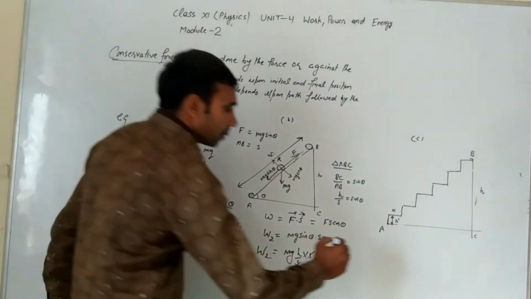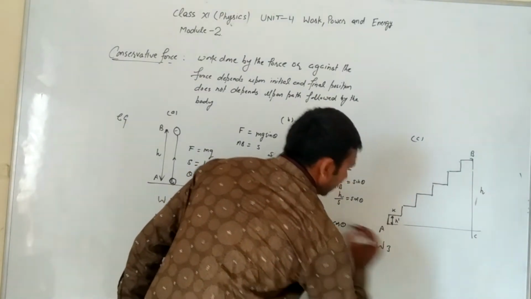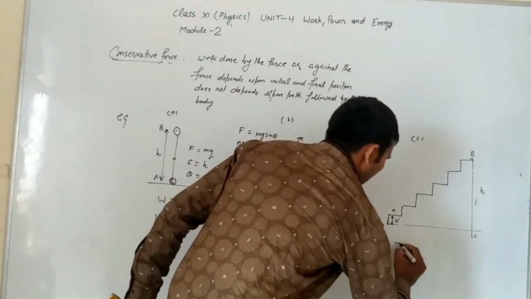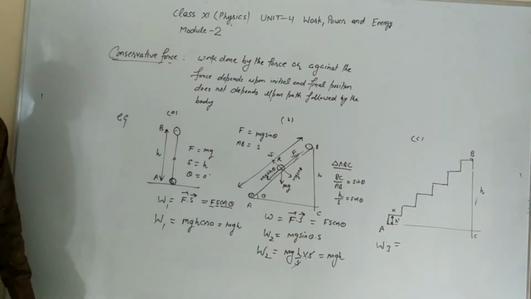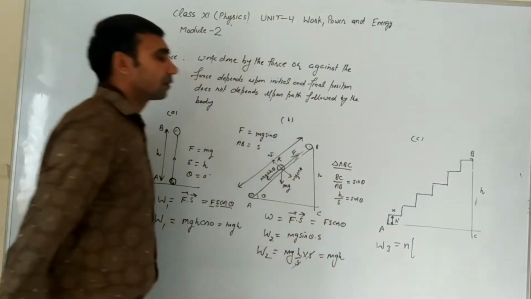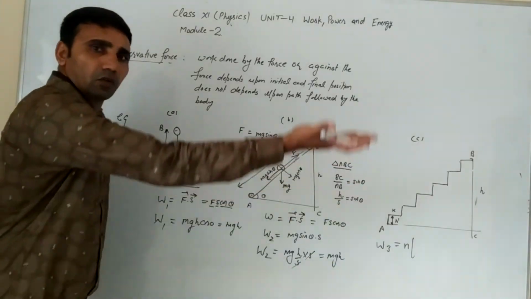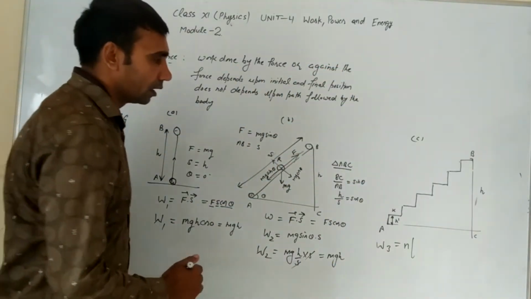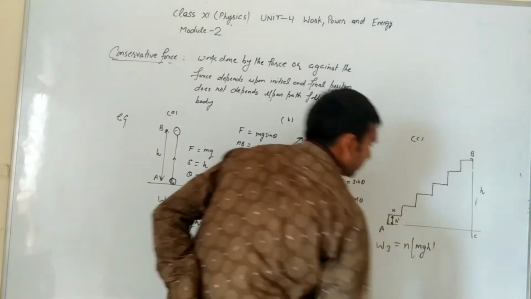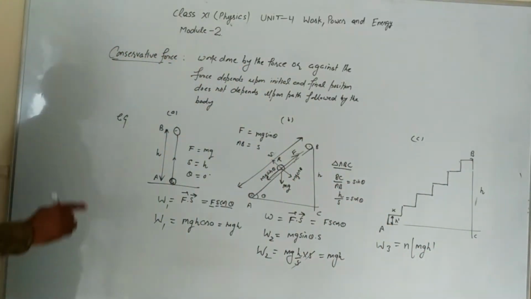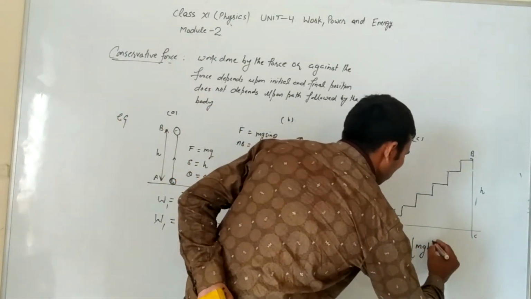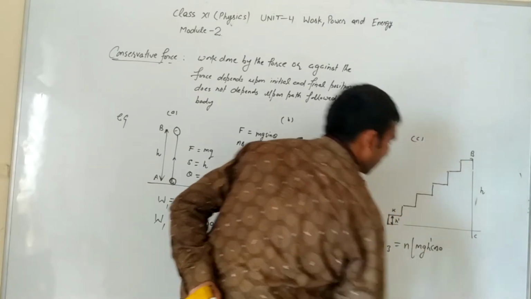In this case, W3 is equal to n, the total number of stairs, times the work done. When the body is raised vertically upward, the work done is mg h dash cos 0 degree.